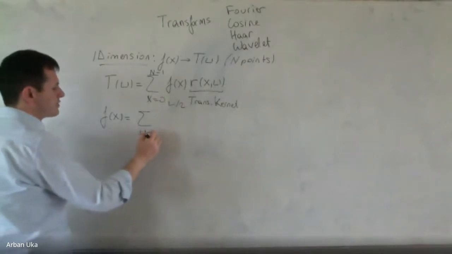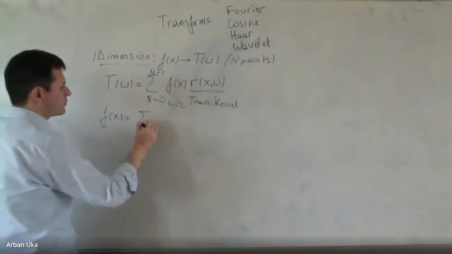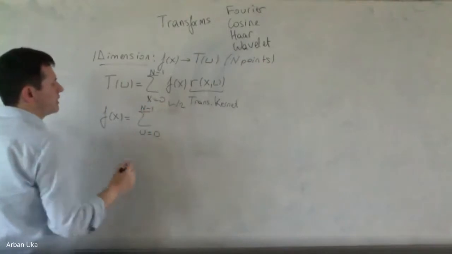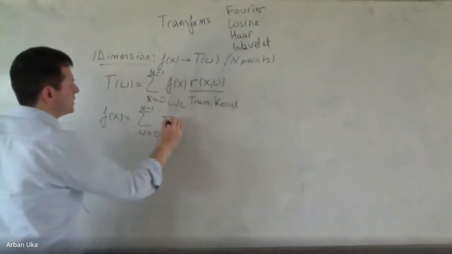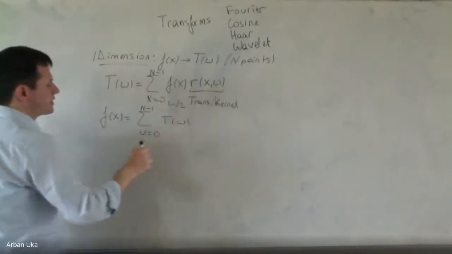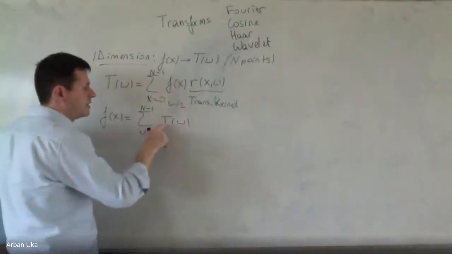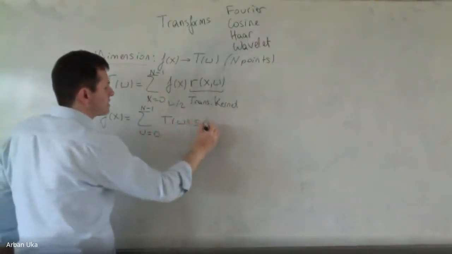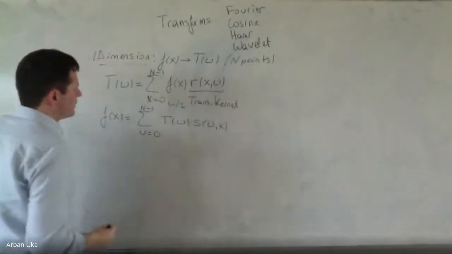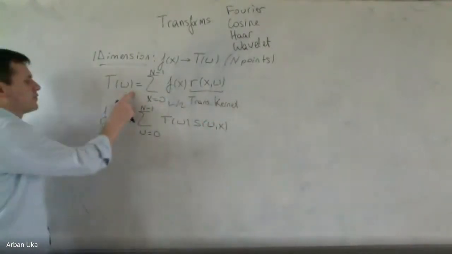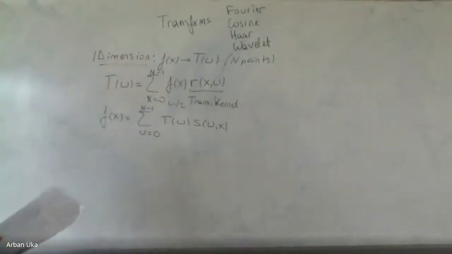How many values of u do we have? We go from 0 to n minus 1. And here we have T of u, this new function which is in the transform domain, and we multiply it with s of u,x. So this is the inverse transform.